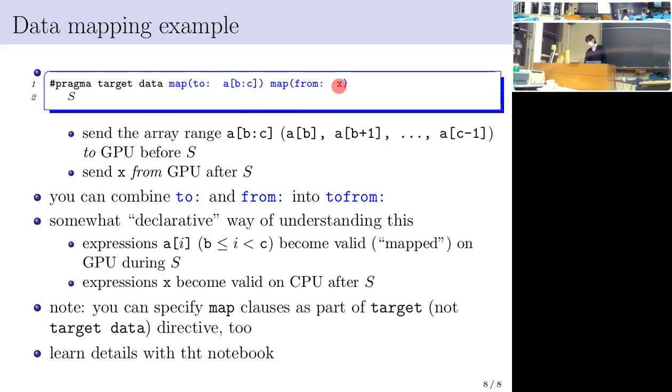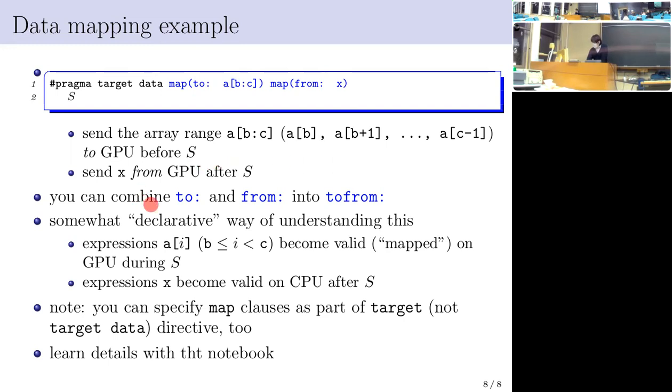Details are in the notebook. But if you say from followed by some variables, then the value in X is sent back from GPU, naturally after S is finished. So this way you can send something from CPU to GPU before S executes, and you can send some data from GPU to CPU after S is finished.